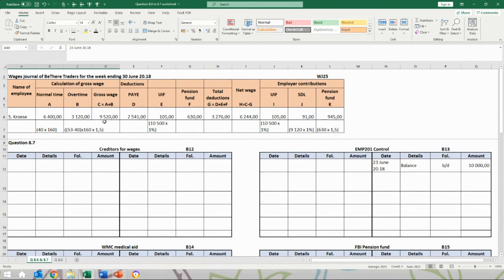Okay, so let me repeat that. If you look at our wage journal, which is at the top of the page, if you take column A, B, and C, which one of those columns will you account for in your general ledger, and which general ledger account do you think we will use? You can use question 8.7 account names to assist you with answering which general ledger account.